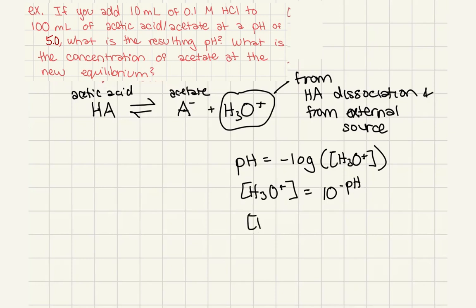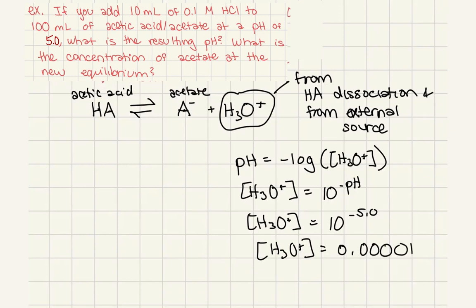And then we can solve this: it equals 10 to the minus 5.0, which is going to give us a value of 0.00001, that is, four zeros and a 1. Okay, so we're going to have this as our value. Now, that's a pretty small number. Let's see how big our other numbers are, and then we'll see whether we actually need to think about this H3O plus at all.